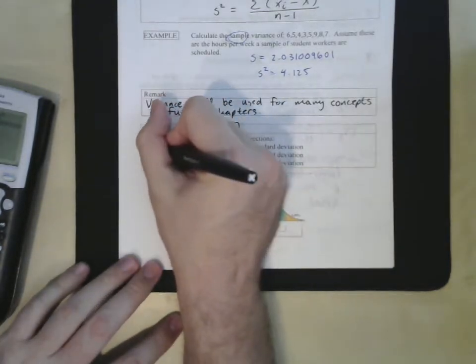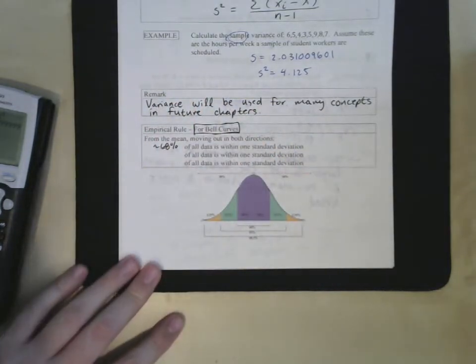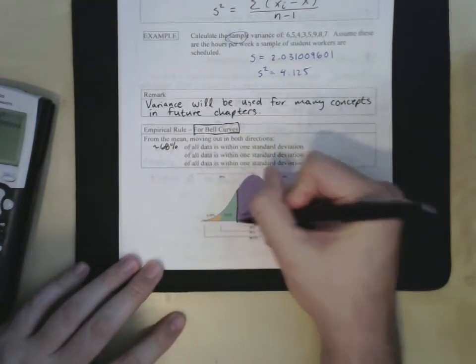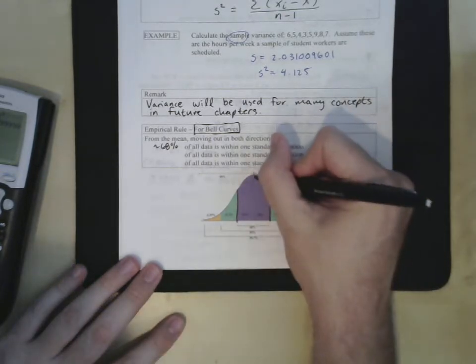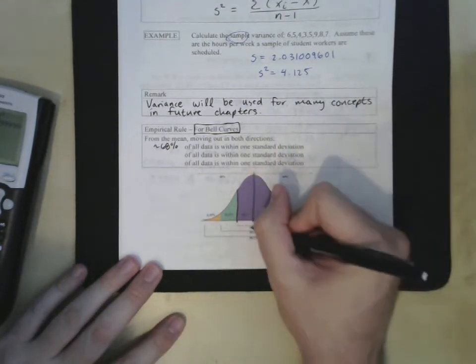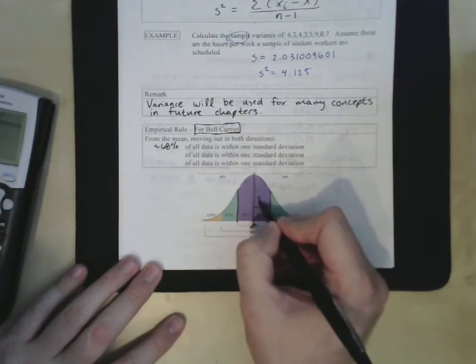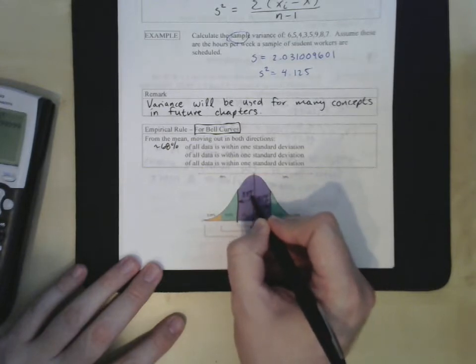We have about 68% of all data is within one standard deviation on either side, and so you can see that here in this diagram I've given you. So at the very, very center is the mean, mu. Going this way we have 34%. Going this way we have 34% of our data.